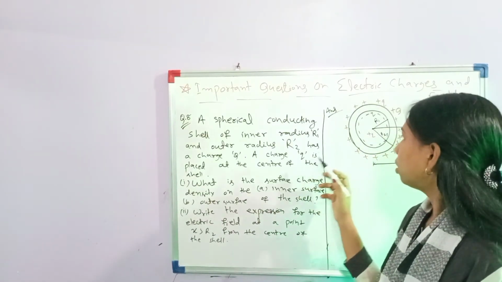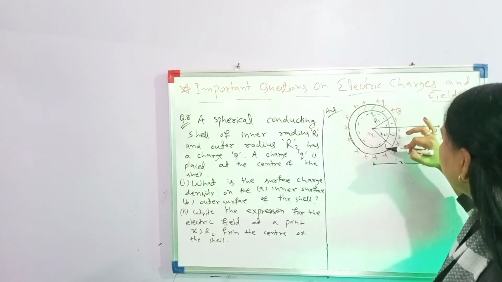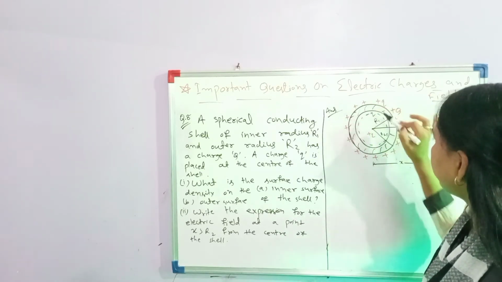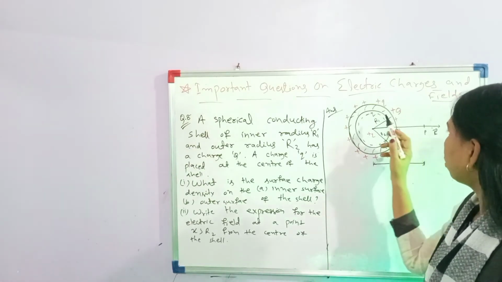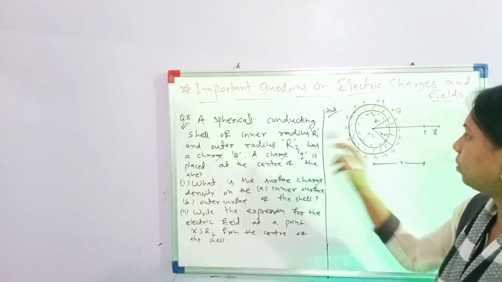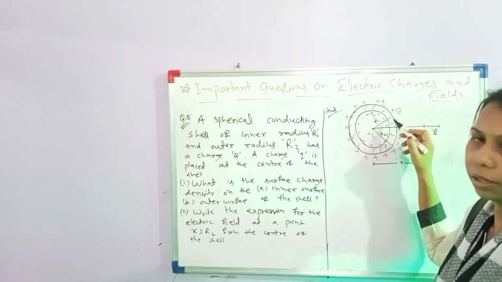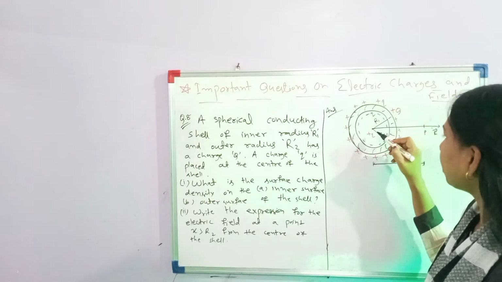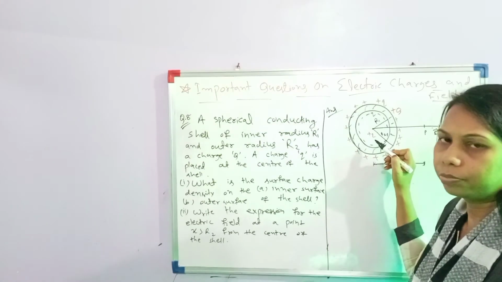Here it is a spherical shell whose inner radius is r1 and outer radius is r2. On the surface of the sphere, plus Q charge is there, capital Q. At the center of the shell, plus q charge is there, small q.